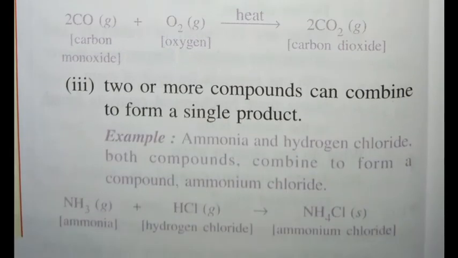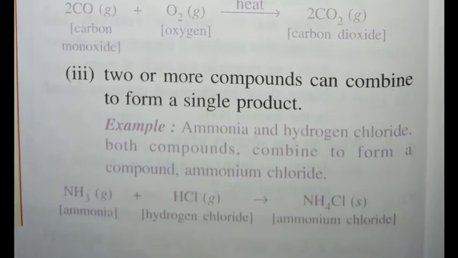Now the third type of combination reaction, in which two or more compounds can combine to form a single product. Here, two or more compounds combine together to form a single product. Example, ammonia and hydrogen chloride. Both of them are compounds.